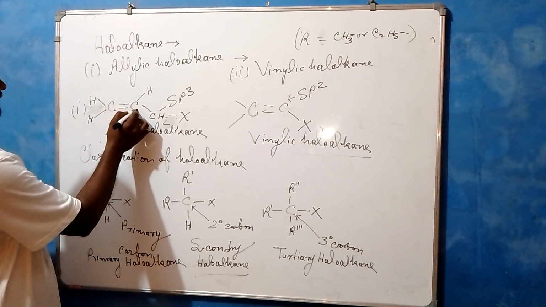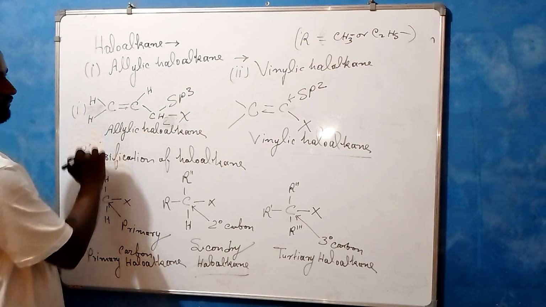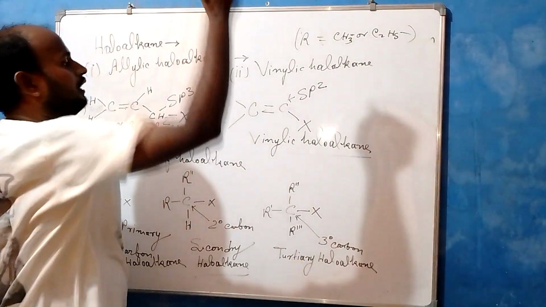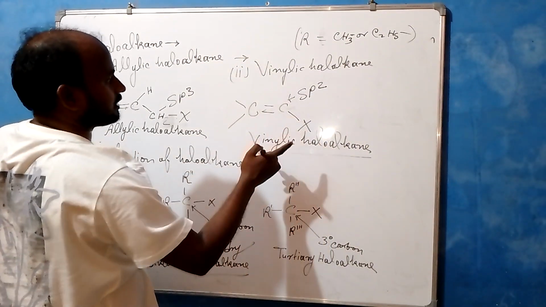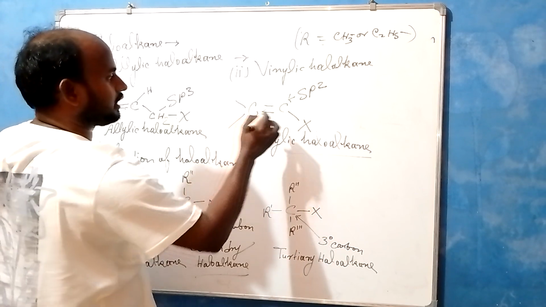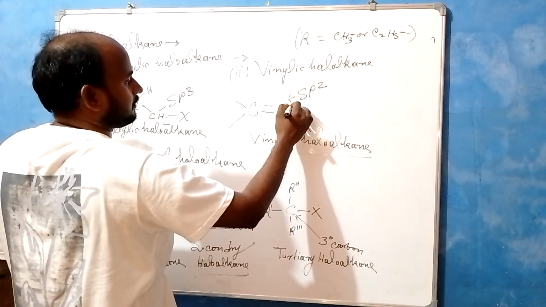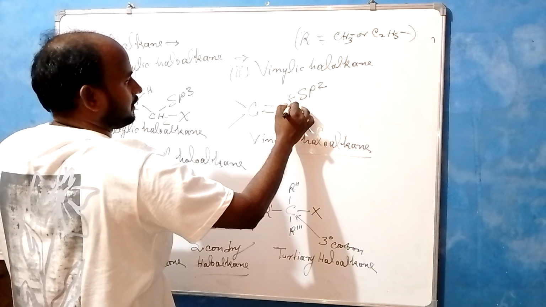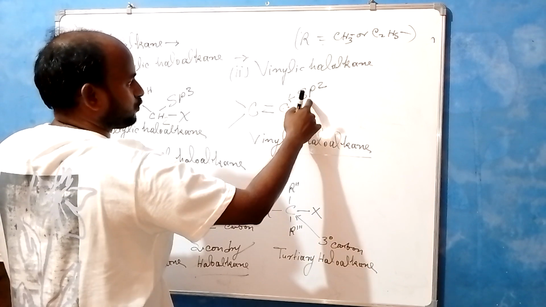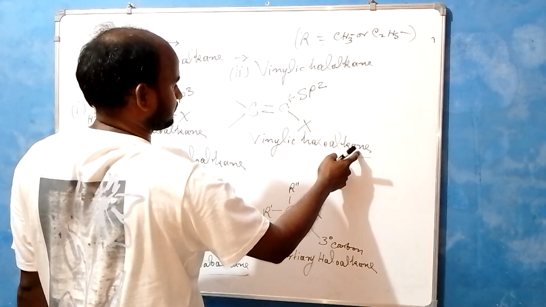But in vinylic haloalkane, the halogen atom is directly attached to the double bonded carbon atom, which has sp2 hybridization. Then it is called vinylic haloalkane.